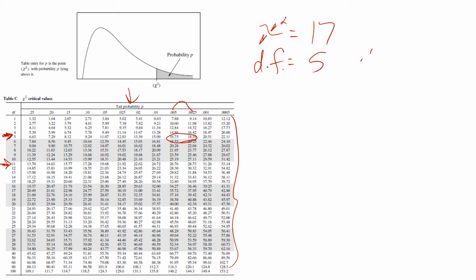So 0.0025 is less than p, which is less than 0.005, which is all less than 0.05 or less than 0.01.